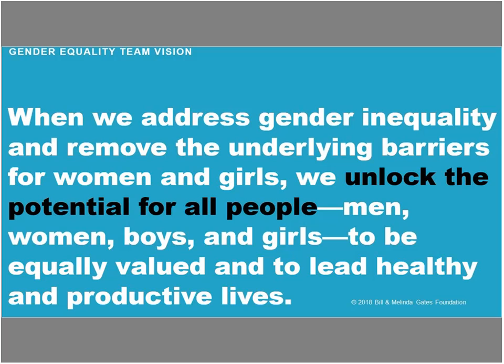It's about including men and boys as well in whatever work we're doing so that we can change the underlying barriers and allow everyone to be equally valued and to lead healthy and productive lives. And when this strategy was passed in November of 2017, it was passed by both Melinda and Bill Gates. They also signed off on this important vision and are in it with us.